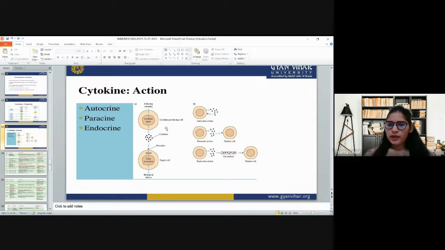So this is the cytokine producing cell, and this is the cytokine, and then the gene activation. So this is the signal, and then it gives the biological effect. So this is the target cell. This is the autocrine action, this is the paracrine action on the nearby cell, and this is the endocrine action.